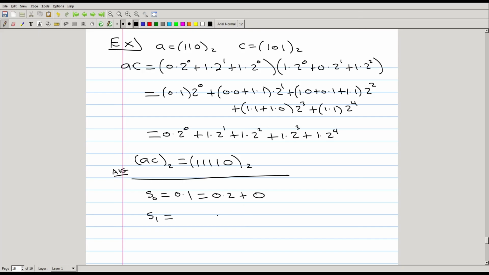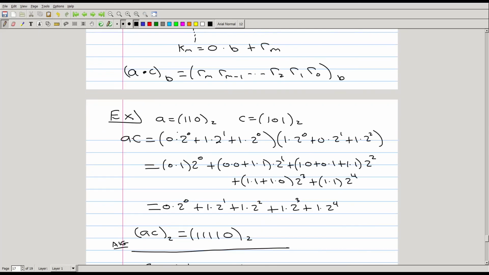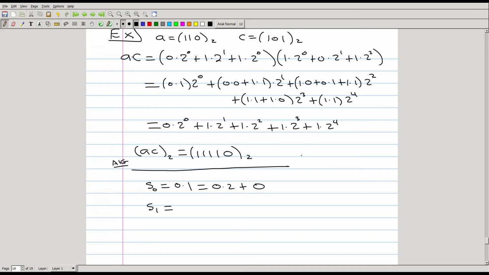S1, and the S here, I'm just using this formula in general. So S1 is going to be the first entry in A, 0, times the second entry in C, so it's 0 times 0, plus the second entry in A times the first entry in C, which is 1 times 1, plus the quotient from the first division, which is 0.